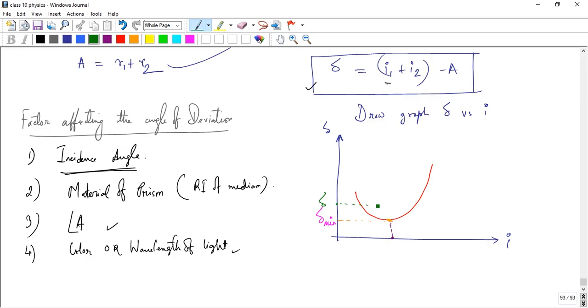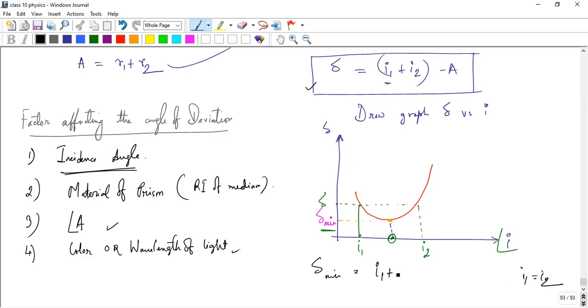Here we get I1 and here I2. So a minimum delta is possible only when there is just one I. At delta minimum we get I1 equal to I2.